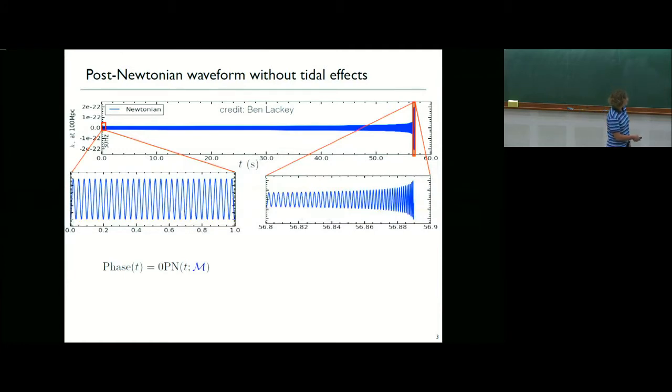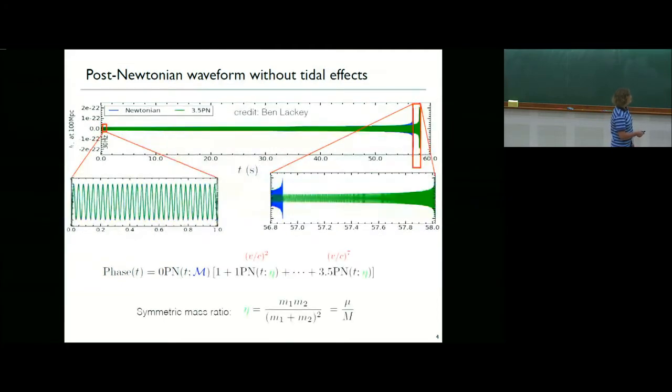Okay, so now when we add post-Newtonian corrections, the effect on the phase is the following. This is the same system. In blue is still Newtonian. In green is now the 3.5 post-Newtonian, which is currently the most accurate model available. We see in the beginning the two still agree.